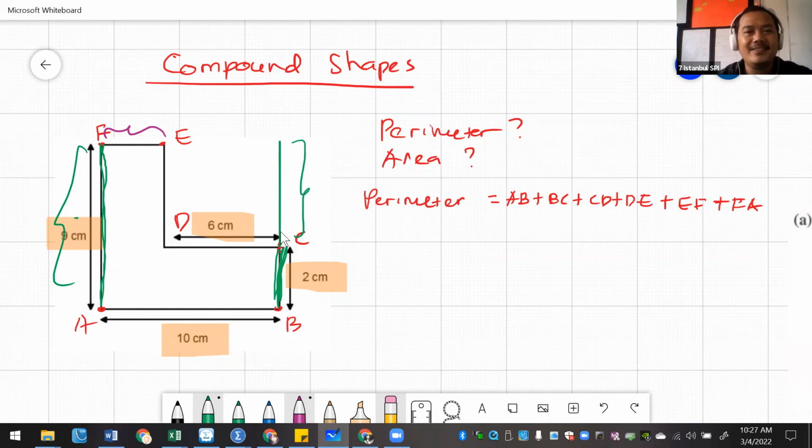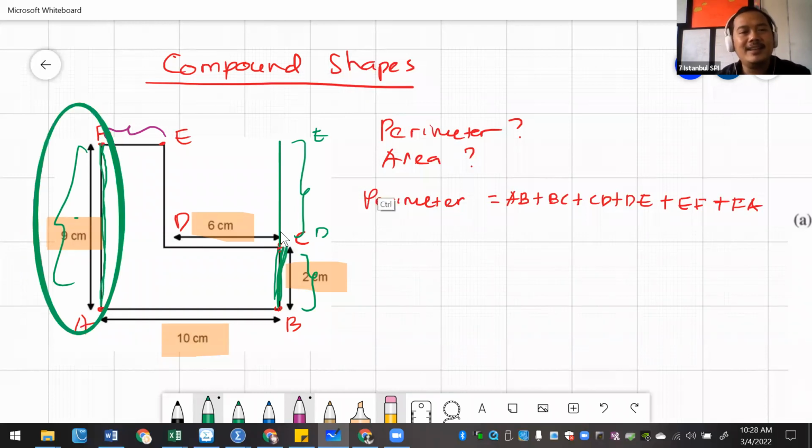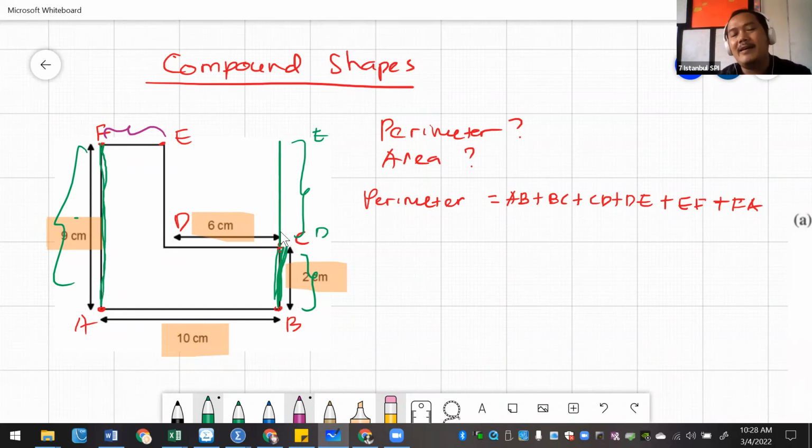So this is ED, the line that I'm just moving to the right side and combining with BC. So ED and BC will be the same as FA. That is the hint: why do we need to use FA and BC. Which means that this is going to be 7, because if this is 7 and this is 2, 7 plus 2 is equal to 9. Okay, paham ya maksudnya? So that's the first one.